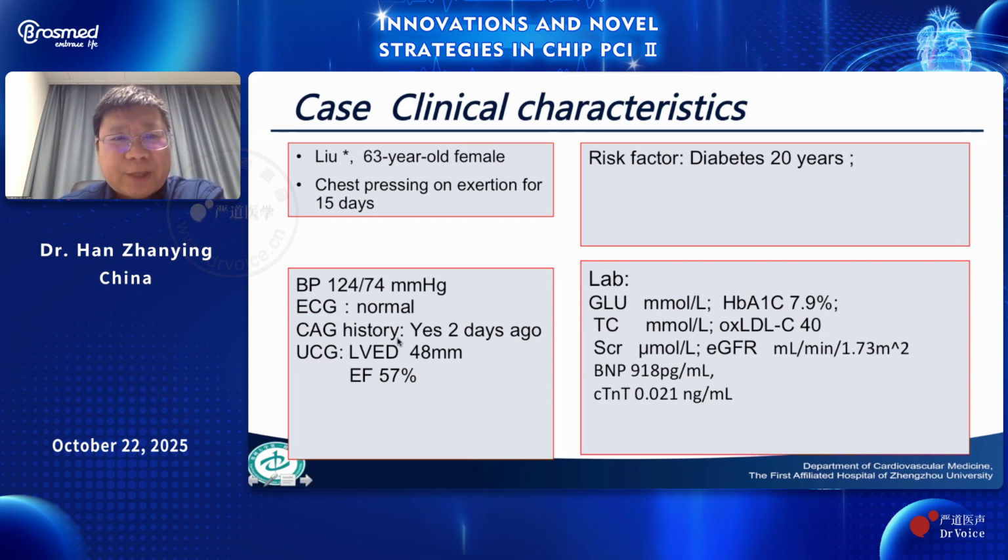This patient had angiography 2 days ago, and the echocardiography shows normal. The risk factors: this patient has a history of diabetes for 20 years. In the laboratory investigation, the troponin T is relatively high.